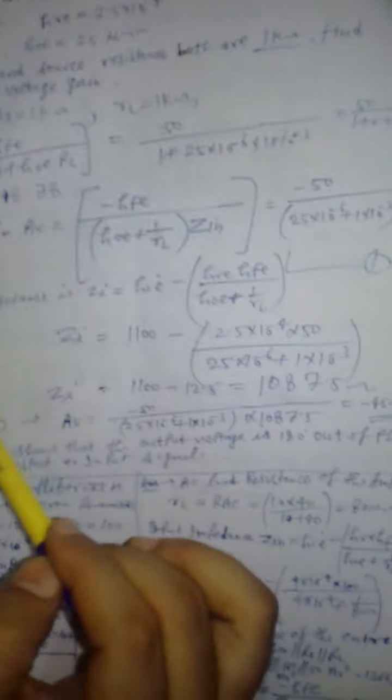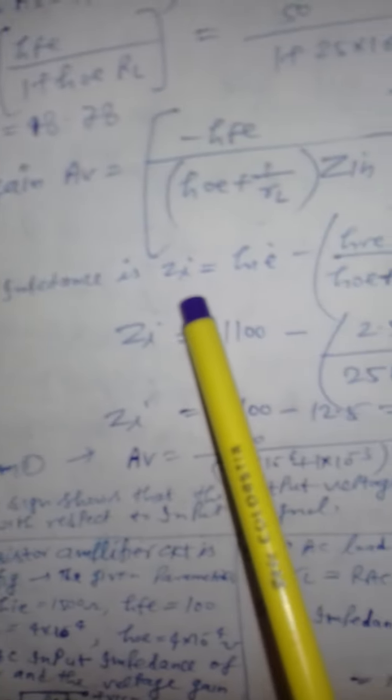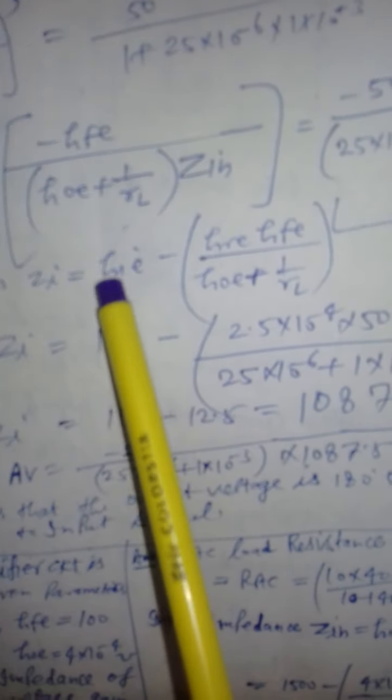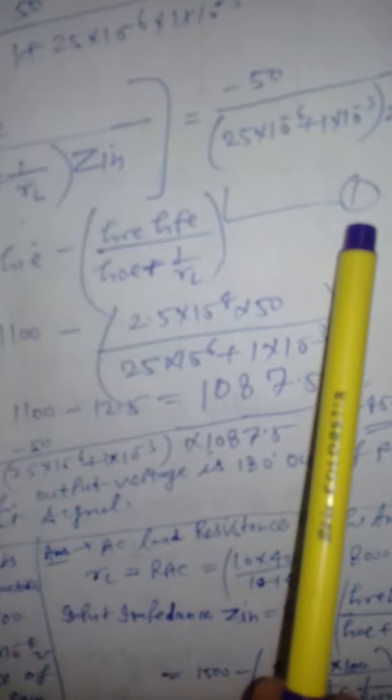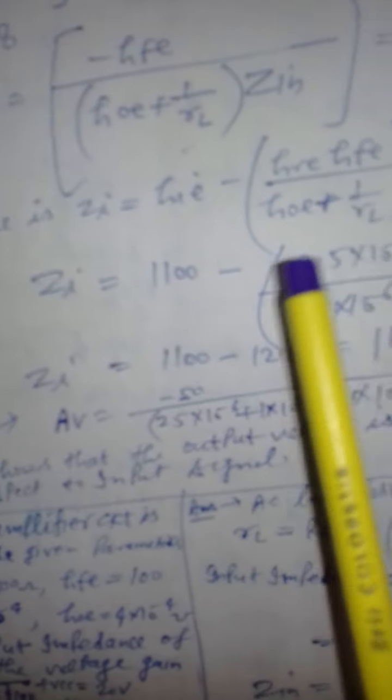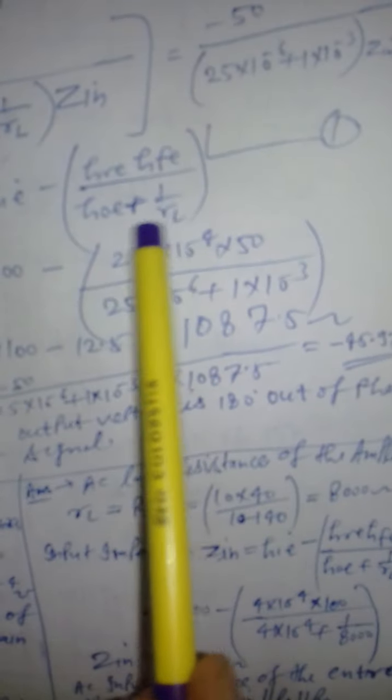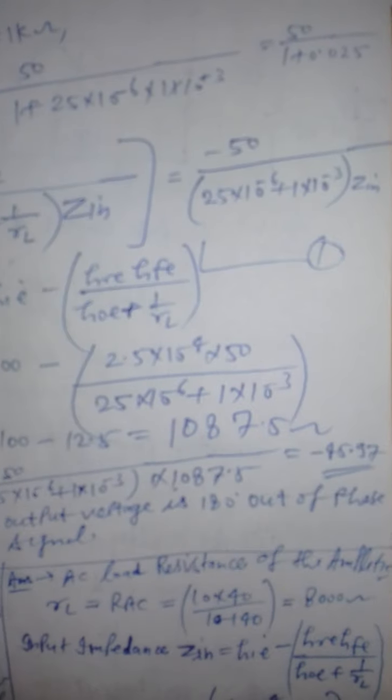First of all, use this formula of input impedance: Zi is equal to Hie minus Hre Hfe divided by Hoe plus 1 by RL. Calculate Zi, the input impedance, from here. Put all these values of Hre, Hfe, RL, Hoe, and you will get input impedance 1087.5 ohm. Now you put this Zi into this expression, equation number 1, and then you will get the voltage gain.